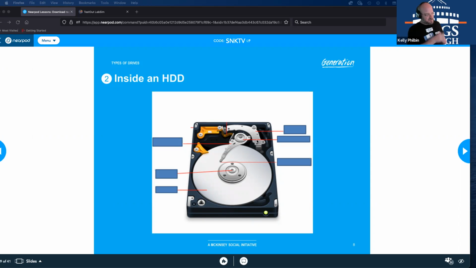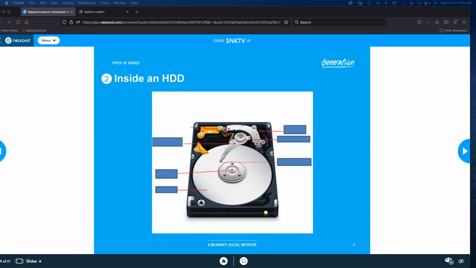So the actuator arm is connected to the actuator axis, which is connected to this motor that drives it. What would we call that motor? I'm stuck. You're stuck? Okay.